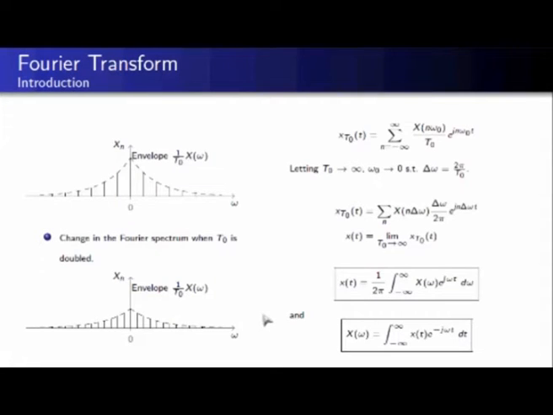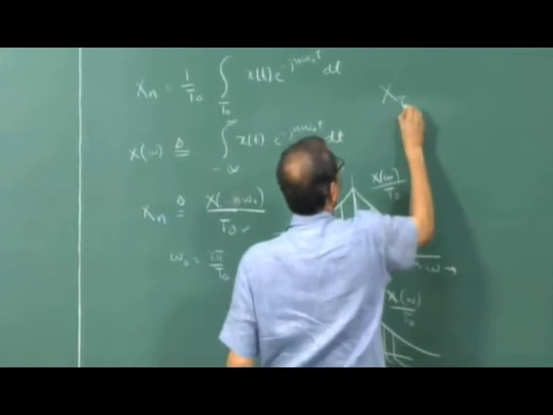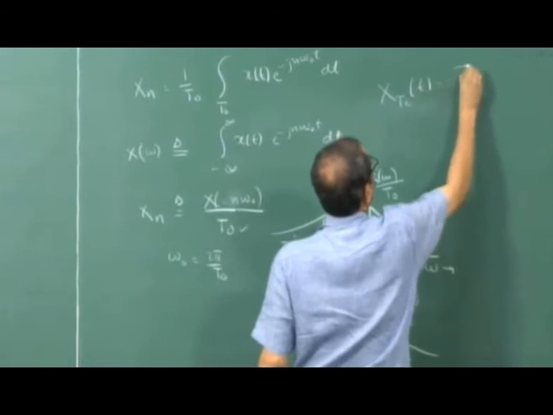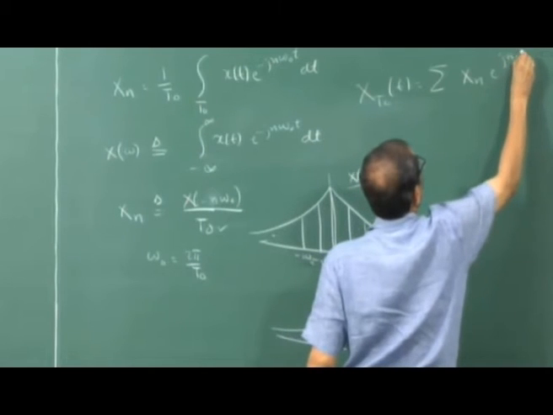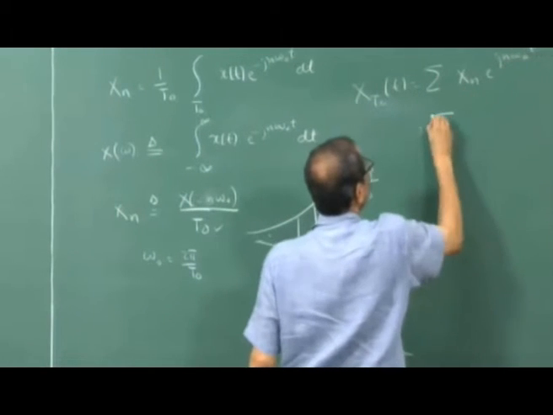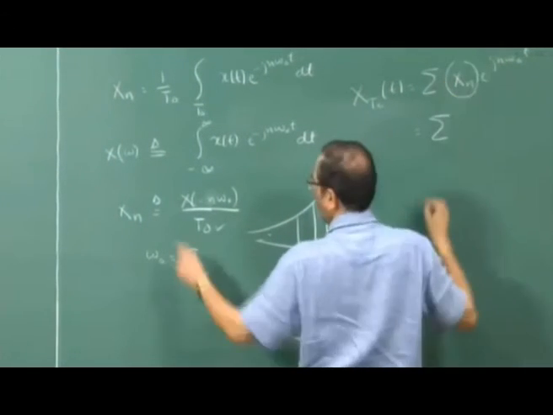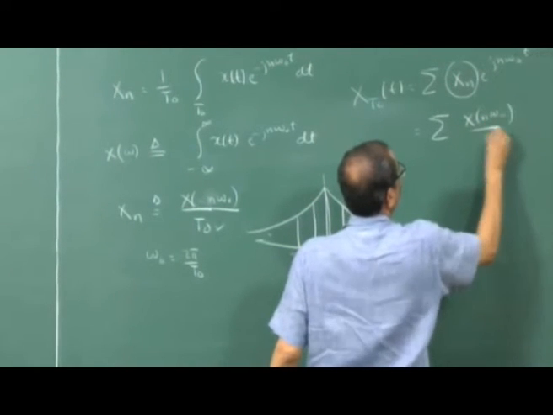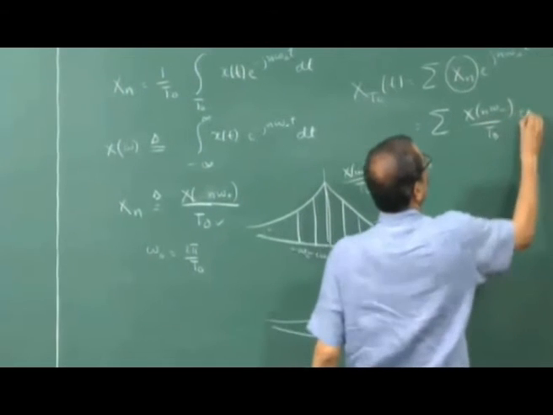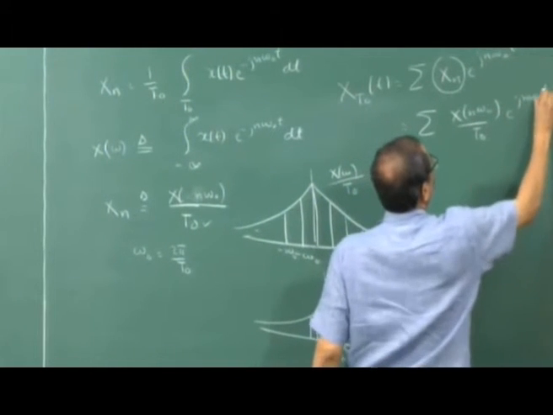So I'm going to suggest that in the definition, if you substitute for x of T naught in the previous case, x of T naught was the summation of X n e raised to j n omega naught t. The first definition of X n is X of n omega naught by T naught, into e raised to j n omega naught t.